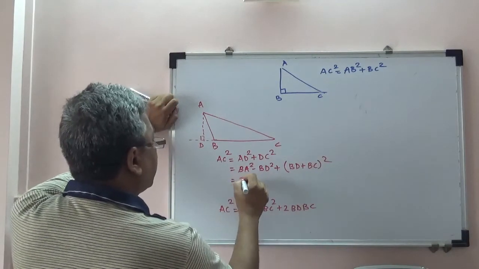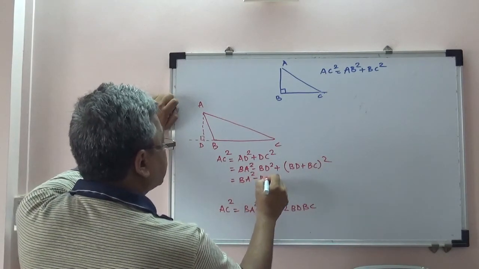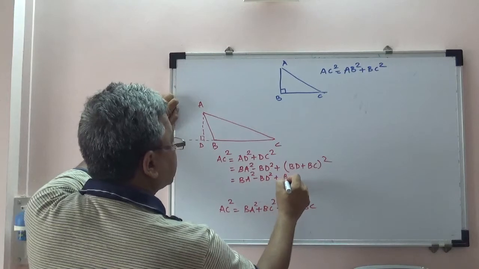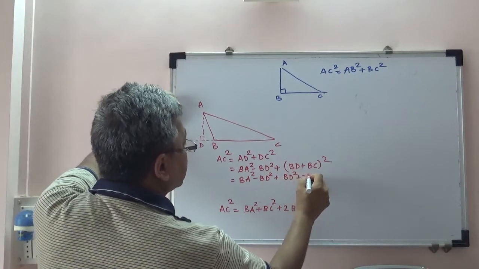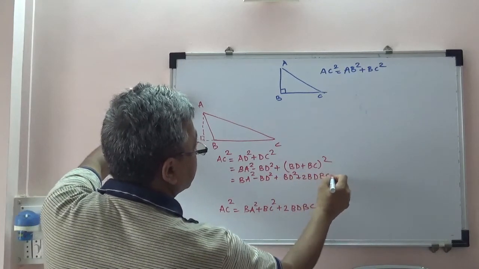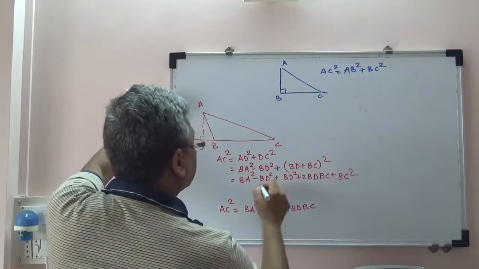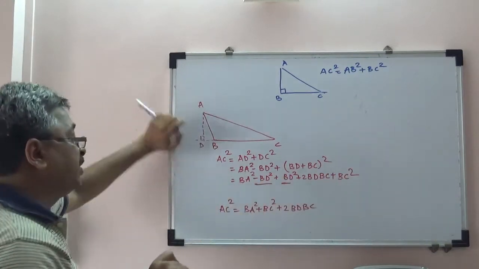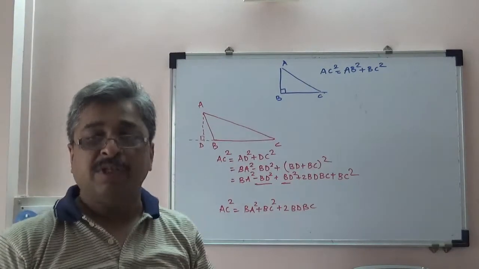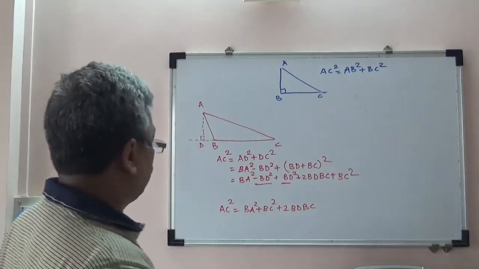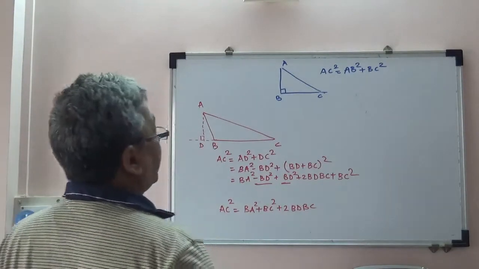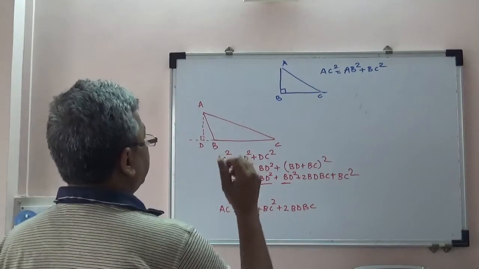So if you expand: BA square minus BD square plus BD square plus twice BD BC plus BC square. Now this BD square gets cancelled and we get the final answer. This is the extension of Pythagoras theorem for obtuse, and the technique for remembering it is exactly the same.